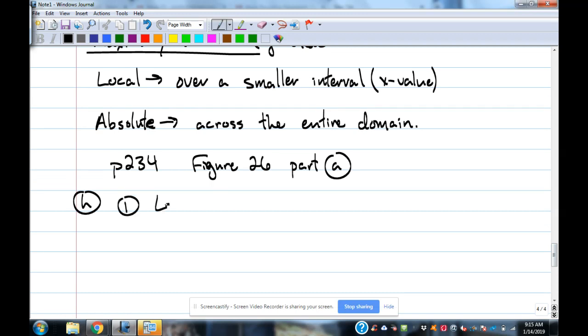Number 1, find a local max over 2, 4. This 2, 4 is a what? It's an interval. That interval includes 2 and 4, and those are what kind of values?